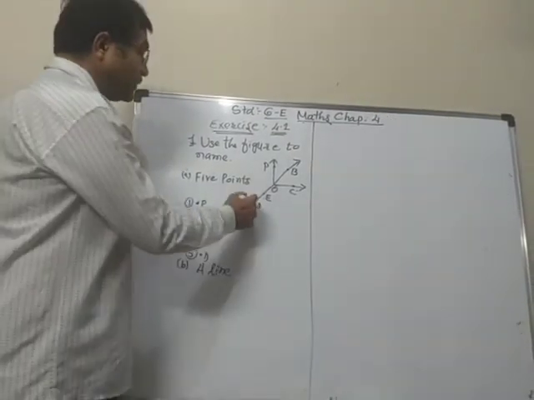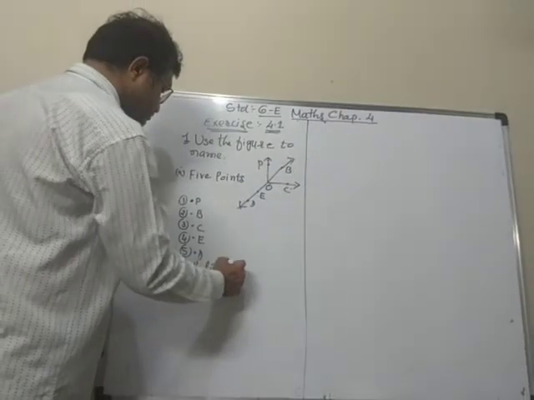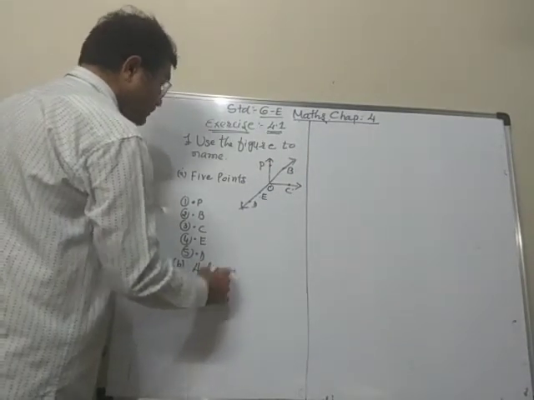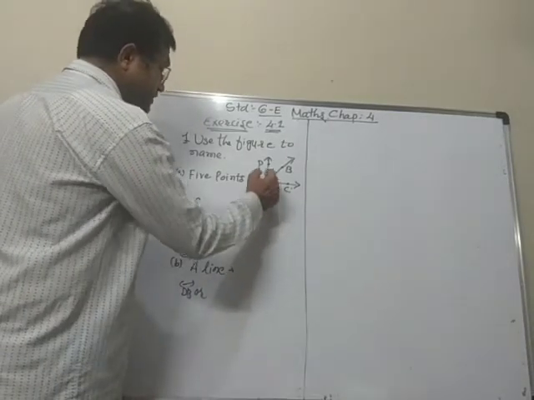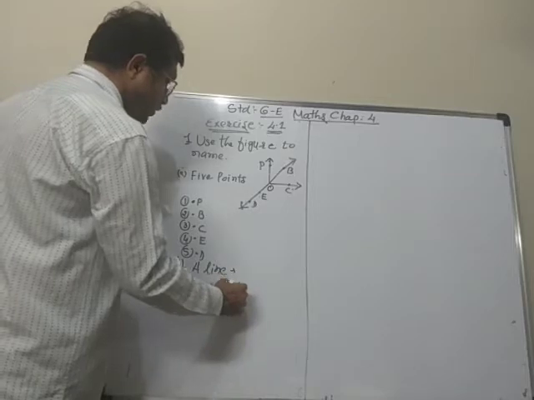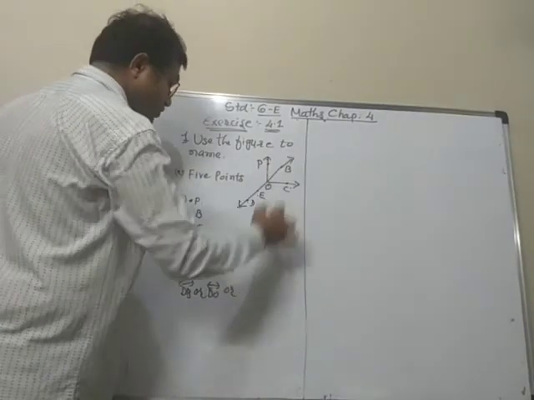So you can write line DB, or line DO, or line EB also.